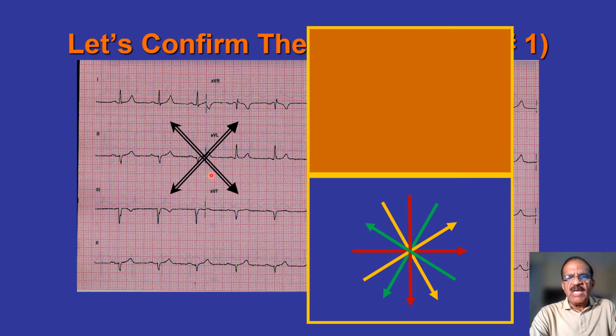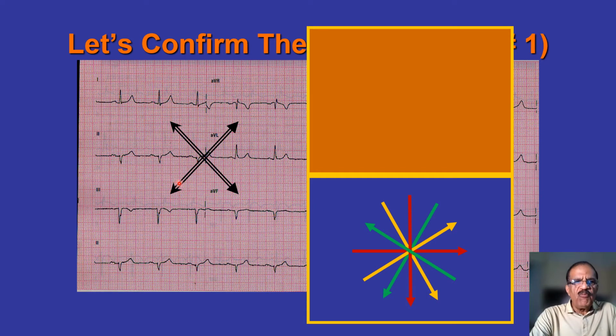For the sake of simplicity, 1, 2, 3, AVR, AVL, AVF, this is how the ECG is recorded. If you make this crisscross, 1 pairs with AVF, AVR pairs with 3, this is AVR and this is 3, and 2 pairs with AVL, this is limb lead 2 and this is AVL. So this crisscross picture is just to remember.